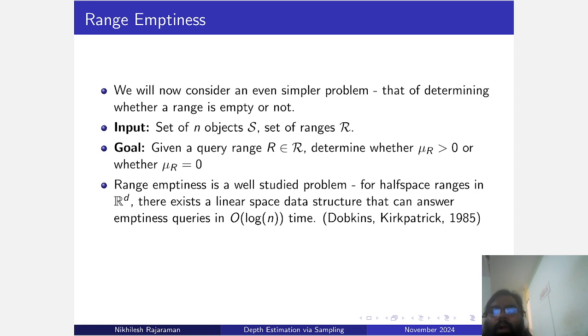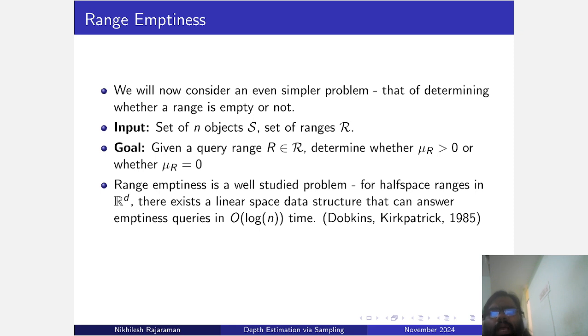For this problem, we have a data structure that was constructed by Dobkin and Kirkpatrick. This data structure is linear space, and it can answer half plane emptiness queries in just order log n time. So answering emptiness queries is possible to do efficiently in linear space for some sets of ranges like half planes.